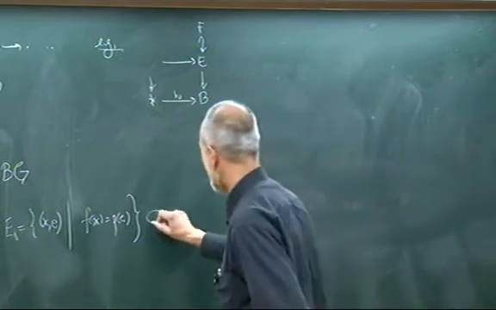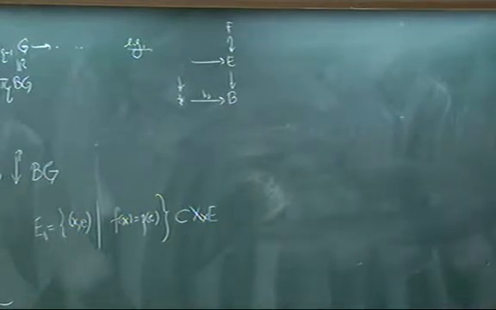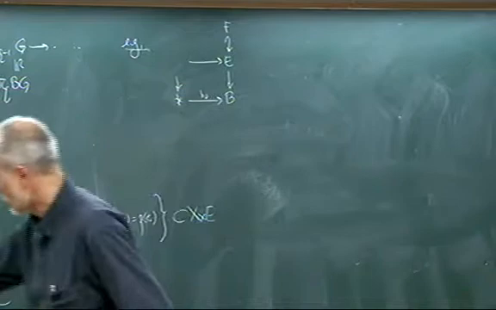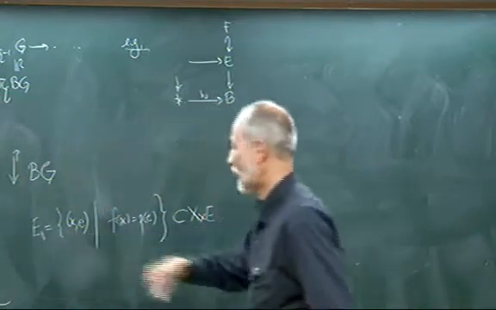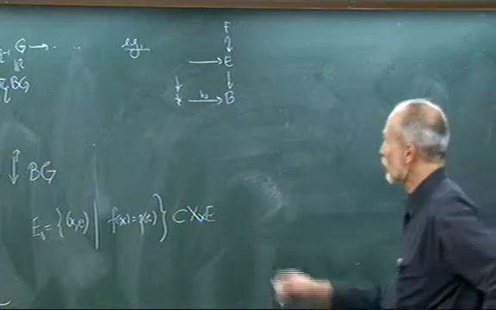And this can be topologized as a subspace of X cross E. And of course it has the simple projection down from either factor that gives the maps that complete that diagram. So that's the standard construction of the pullback.